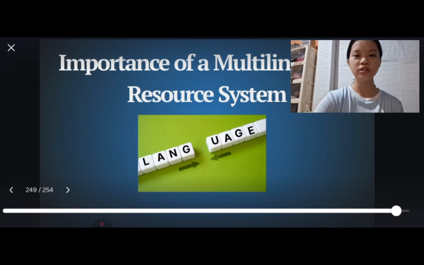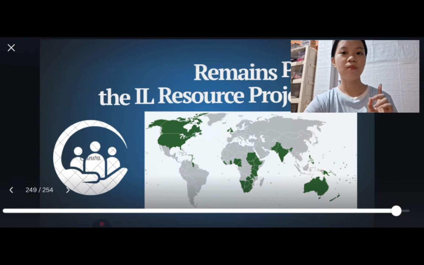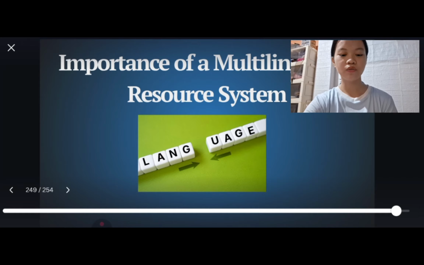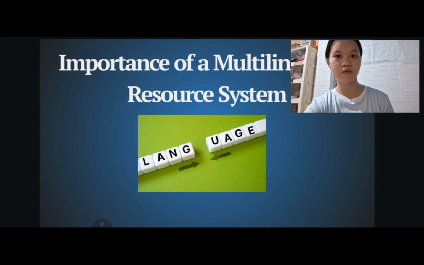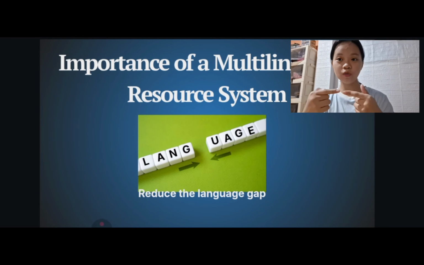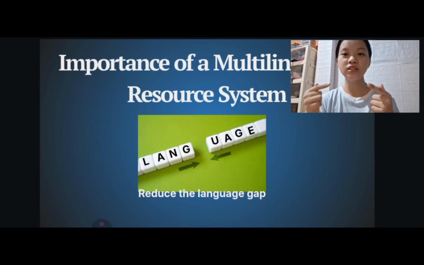Okay. So now let's talk about the importance of a multilingual information literacy resource system. So basically, a multilingual information literacy resource system is so important because it helps close the language gap.